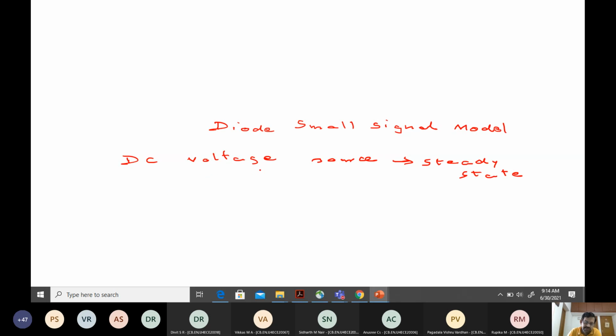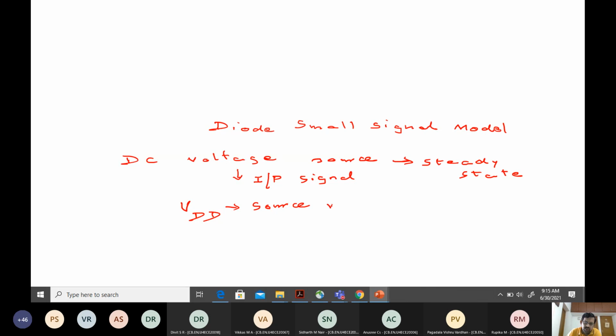So this is my input signal. Suppose there is a small variation in this DC source. We always use the symbol VDD for the DC voltage source. This is an input source, which is steady.